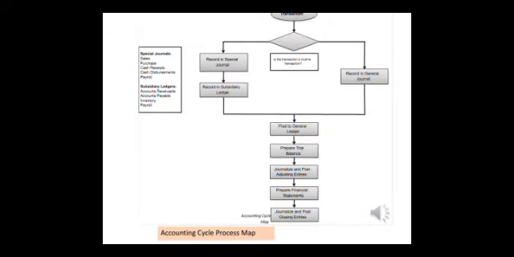Tayo sa transaction, kung saan lahat ay nire-record natin siya sa special journal kung saan nakapaloob dito yung sales, purchase, cash receipts, cash disbursements, and payroll. Nire-record din natin siya sa general journal.